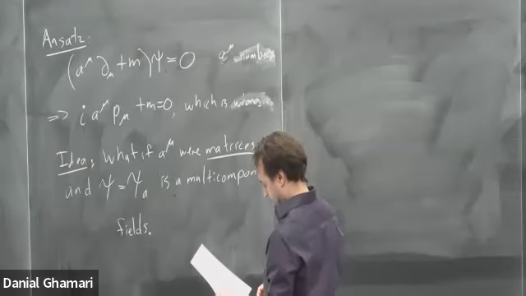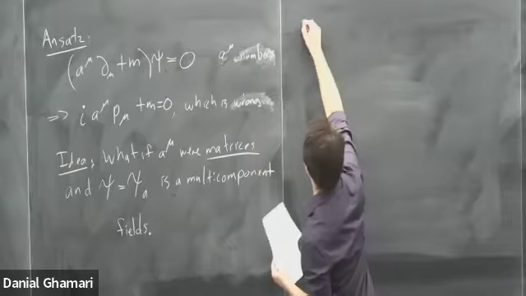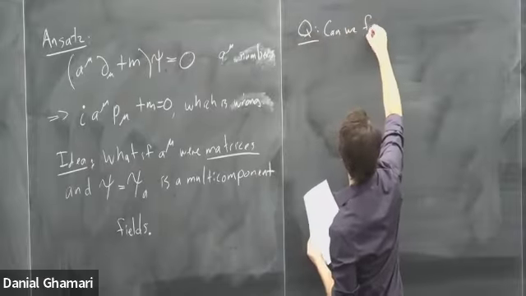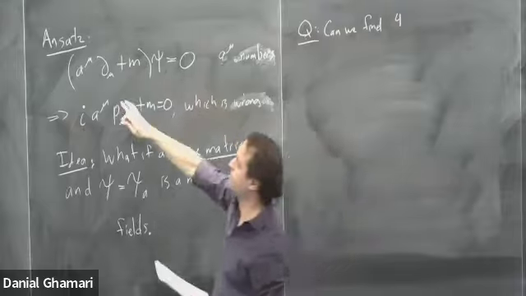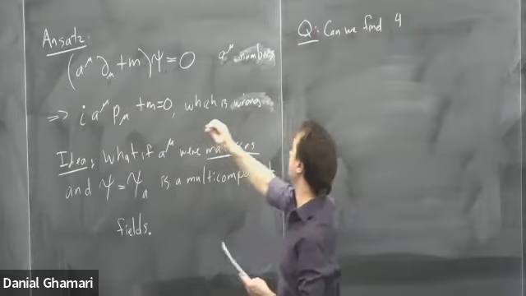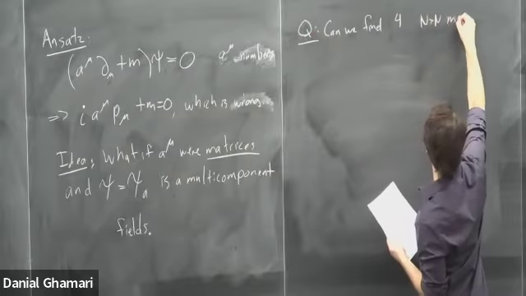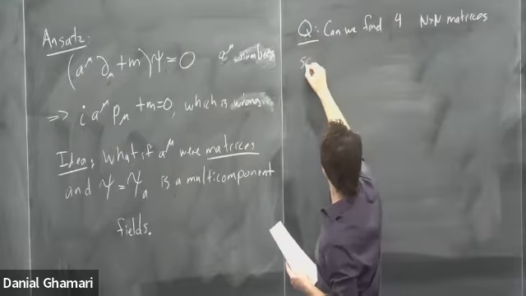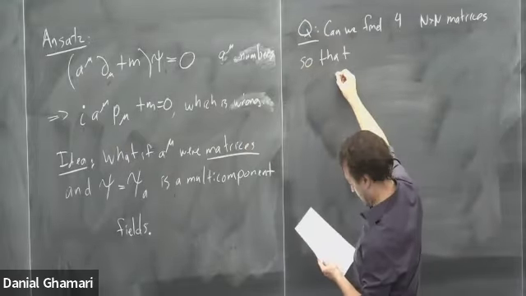So yeah, here's the question then. Can we find four n by n matrices? You're going to have to take four of them because the sum is going over four components here.